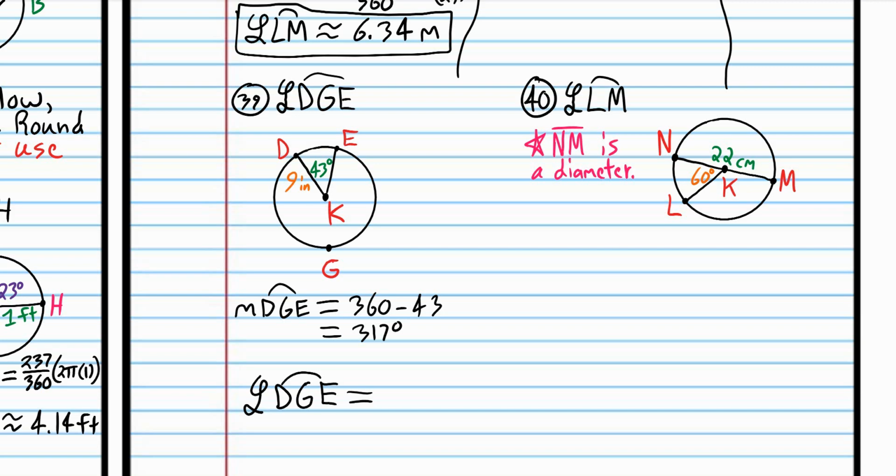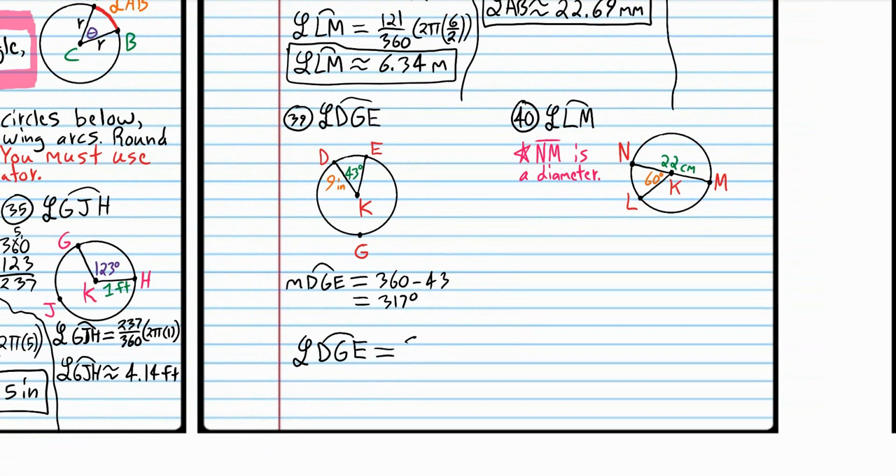And so now we have our central angle, 317 over 360 times 2 pi times the diameter, which is 9. Excuse me, the radius, which is 9. Crunch the numbers. 317 divided by 360 times 2, then times pi, the pi button, equals, and times 9 equals 49.79.